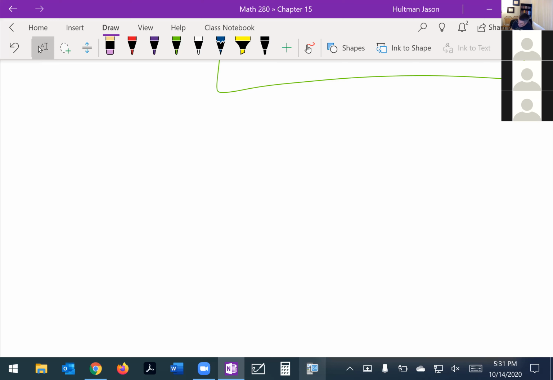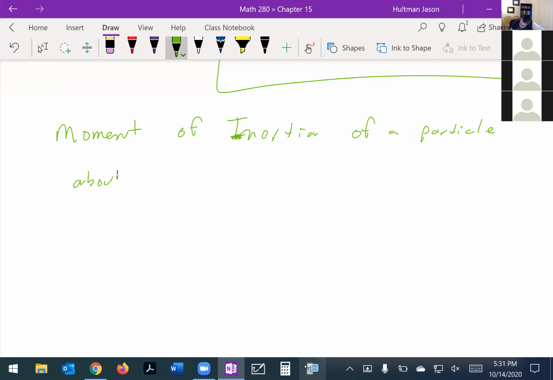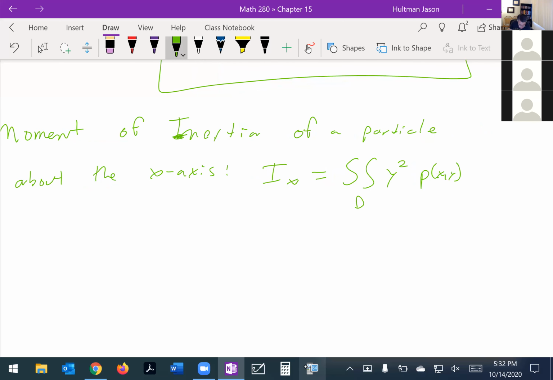Now, a moment of inertia, or what we call the second moment of inertia of a particle about the x-axis, it should say with respect to the x-axis, but we'll just say about the x-axis, is I sub x, which is equal to the double integral of y squared rho of xy, with respect to the density, dA.